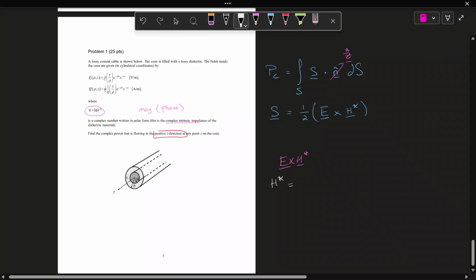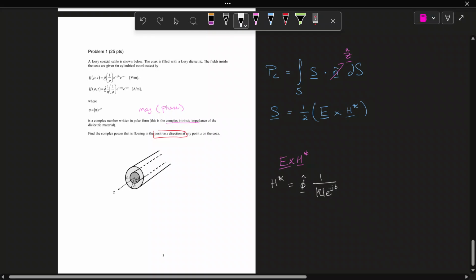The conjugate means anytime you have a J, flip the sign. That's all this means. So we have a phi hat. Keep that the same. 1 over the intrinsic impedance. Now we need the polar form of this. So we need an E. Okay, we have a J. That's our first J. Is it positive? Yes. So we change it to a negative because we're going into the conjugate.